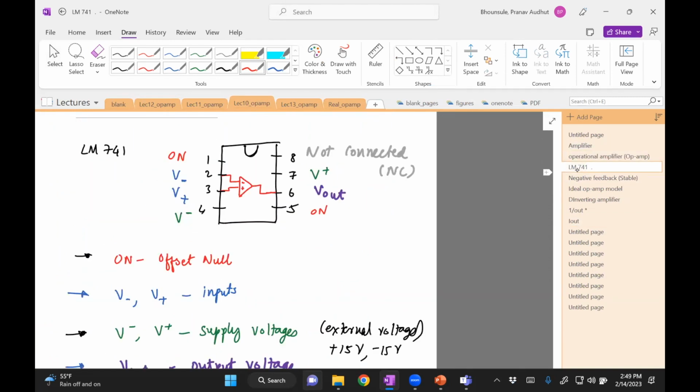If you see the amplifier, there is a V minus and V plus supply voltage. I'll show you the spec sheet for how to find the supply voltage. This is typically 15 volts. That's the voltage you need to supply to the op-amp. It's an active circuit, it requires supply voltage.